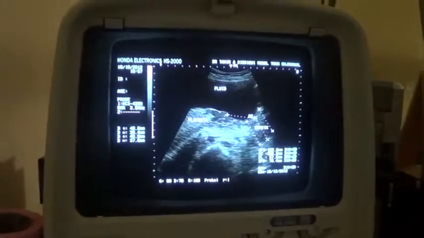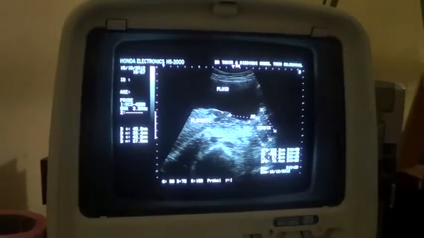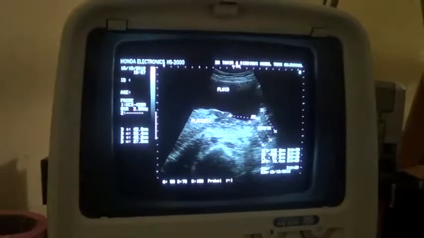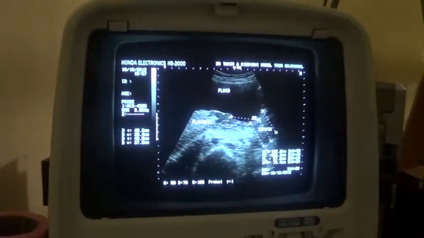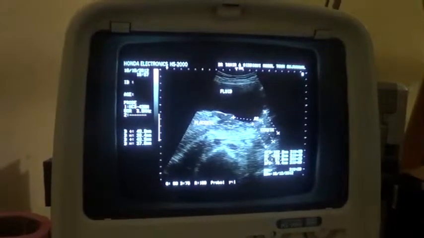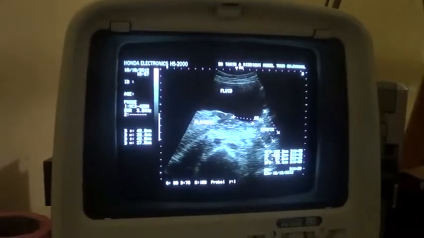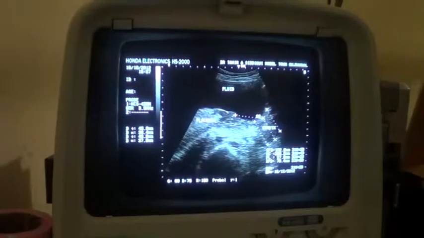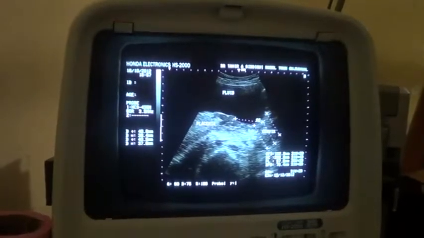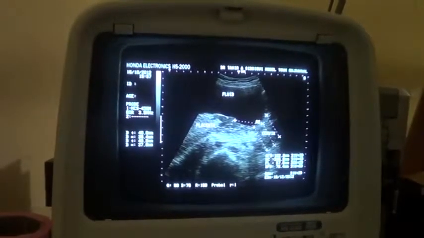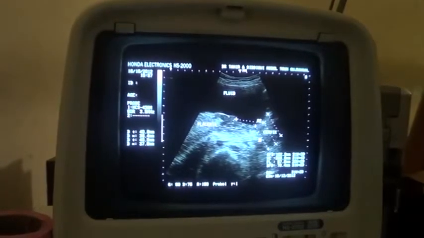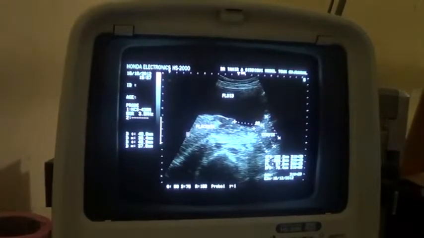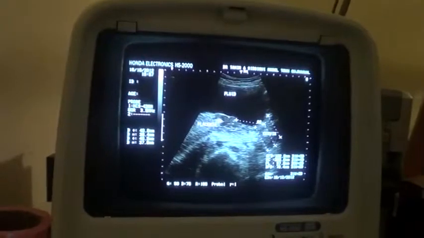Occipitofrontal diameter is 102.9 millimeters, which corresponds to 31 weeks plus 3 days. Calculated gestational age is 31 weeks 2 days, and the expected date of delivery is 16th of December 2012, with posterior low-lying placenta.